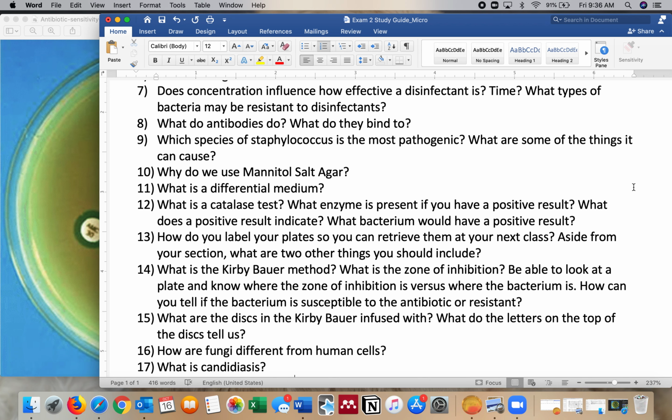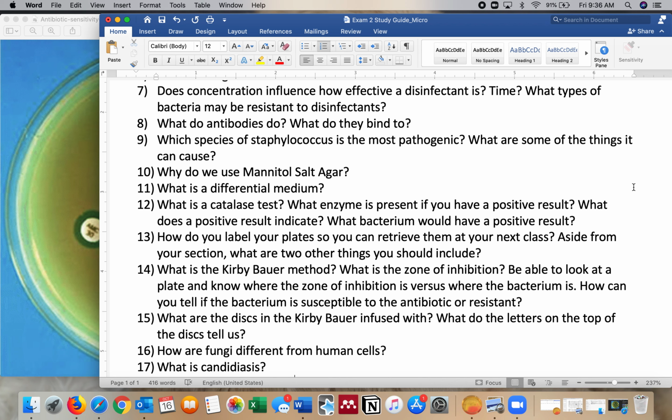So there is one type of bacteria that we've talked about a lot this semester because it's kind of just a plague on hospitals, and it causes MRSA, so that's your clue.